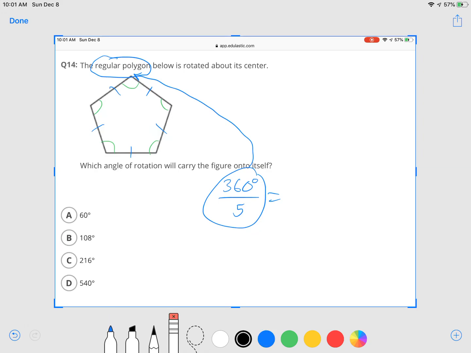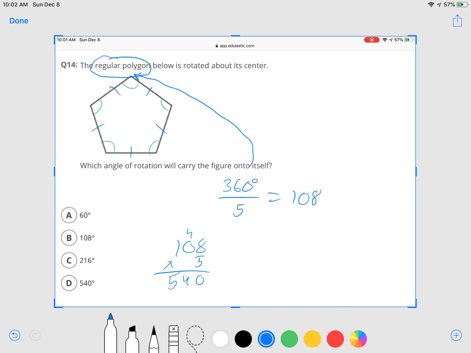So with this formula, if you do 360 divided by 5, you get 108. Wait, is that right? 108 times 5 is 540. No, it's not even close.